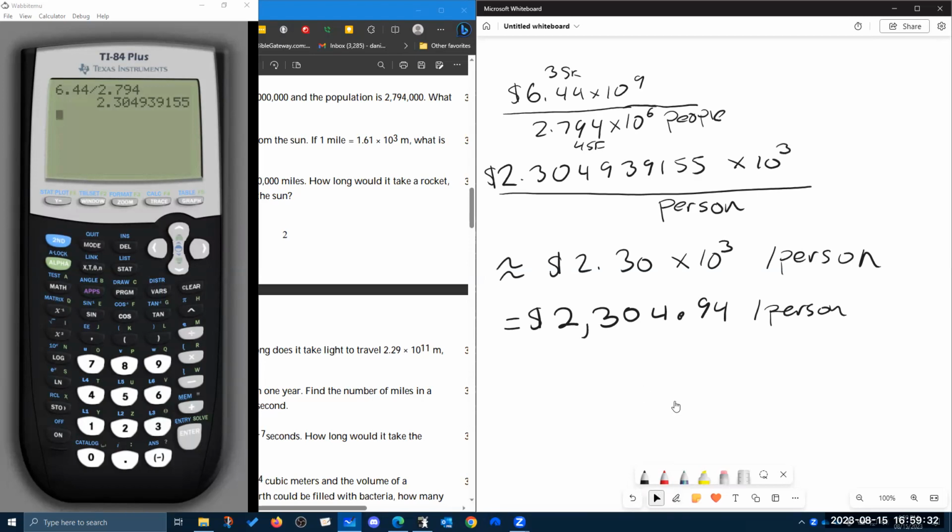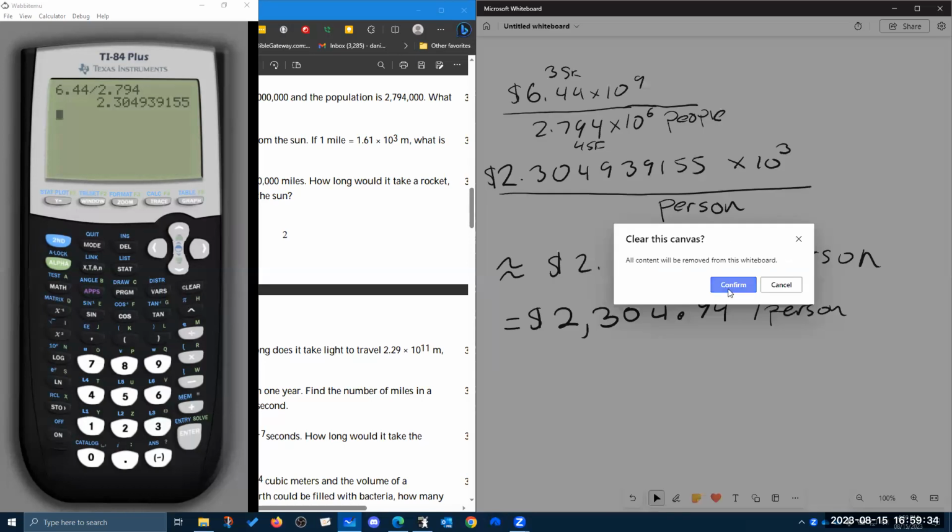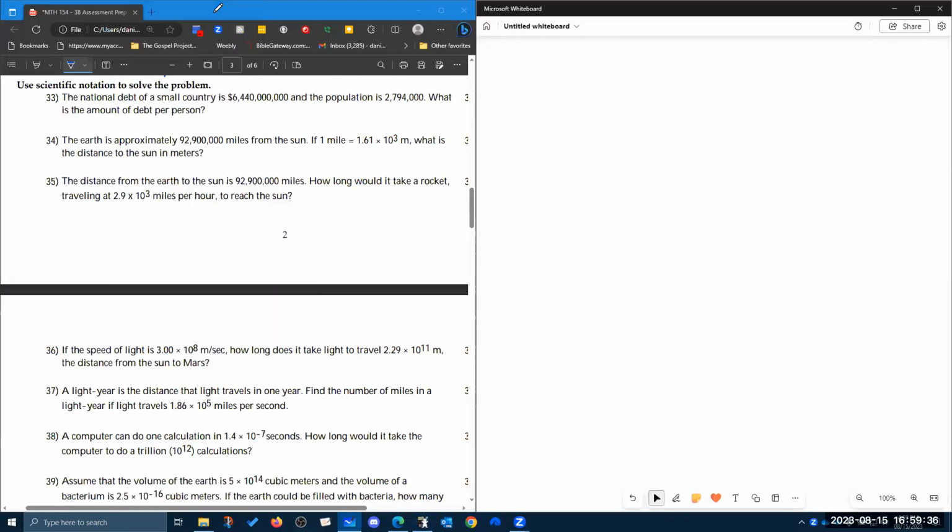We'll clear this and come back here. The Earth is approximately 92,900,000 miles away from the sun.